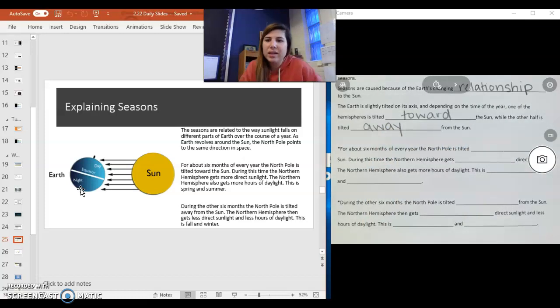We'll see this more in just a moment, but that's why depending on the northern or the southern hemisphere, which one you're located in, you're experiencing a different season from the opposite hemisphere, because one hemisphere is always toward the sun, the other hemisphere is away from the sun, so you're experiencing opposite seasons.